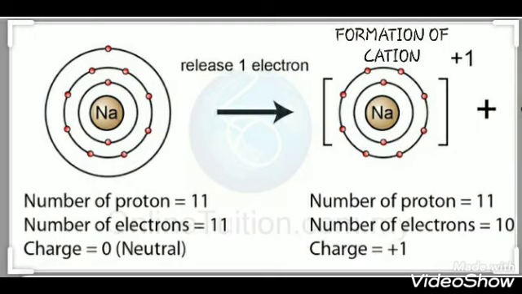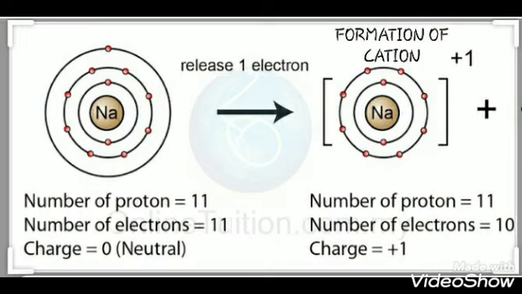Now, we know that a normal atom or a neutral atom contains an equal number of protons and electrons. Since a cation is formed by the loss of one or more electrons, a cation contains fewer electrons than protons. Also, a cation contains fewer electrons than a neutral atom.